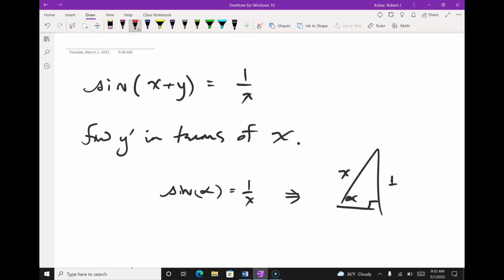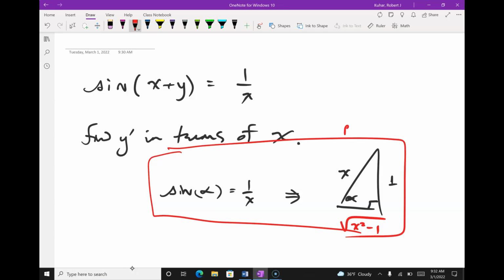And now my remaining side has to be c squared minus b squared, so the square root of x squared minus 1. Does anybody want to see that with the Pythagorean theorem? I'm fine with showing that. So this is my reference triangle. Everyone's okay?